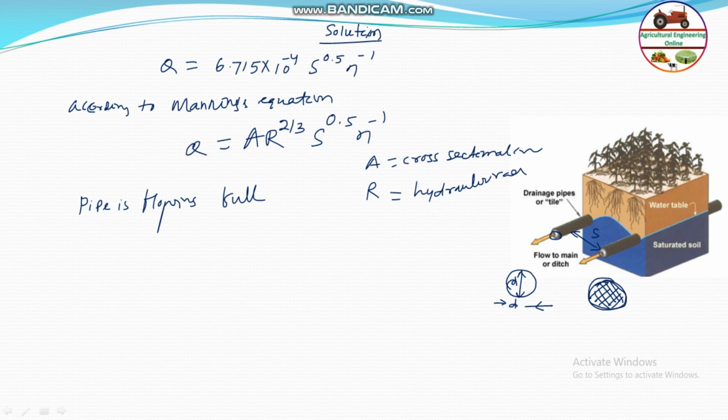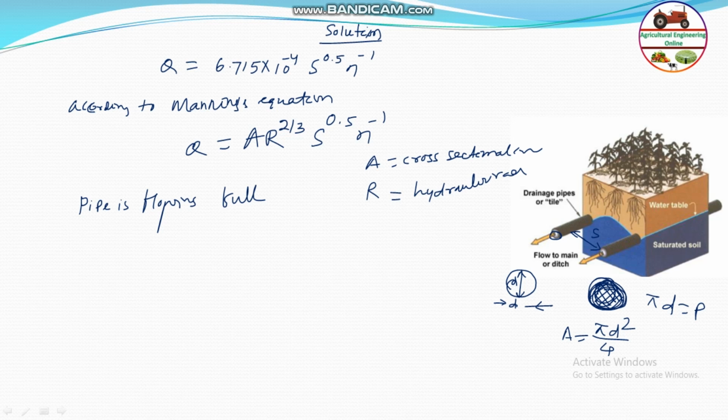So if D is the diameter of the pipe, the perimeter will be pi D, and the cross-sectional area will be pi D squared by 4. This is very simple, because everywhere water is there. So P is the wetted perimeter, equal to pi D.